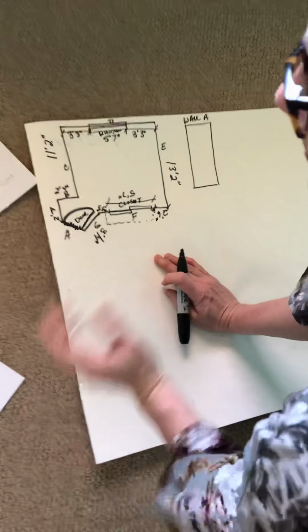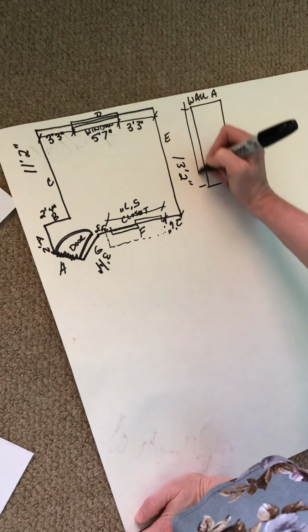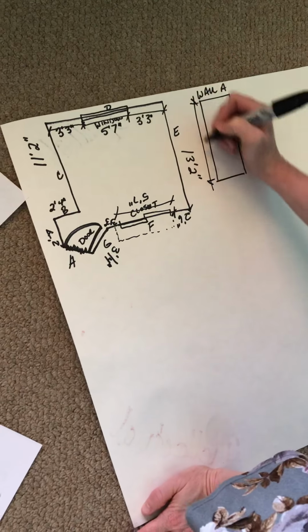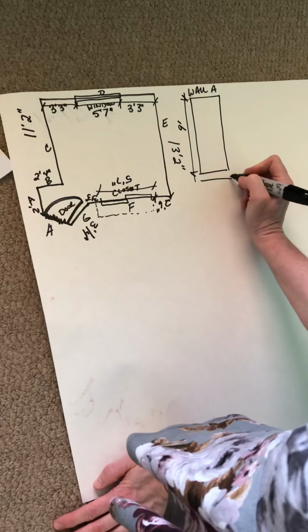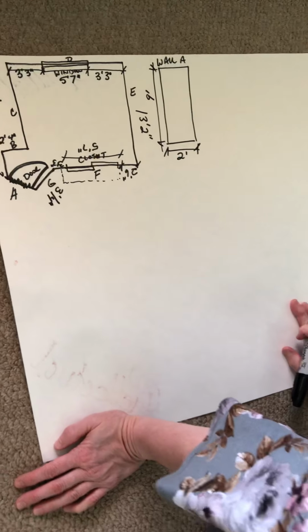I know I measured how tall the ceiling was, and it's 9 feet. So we know this measurement is 9 feet right here, right? So it's 9 feet tall, and then it was 2 feet wide. That's all I have to do with wall A.